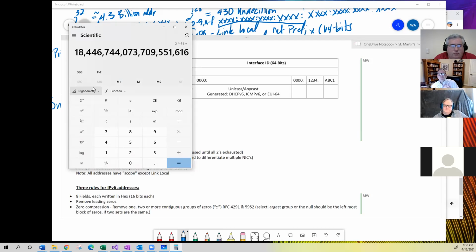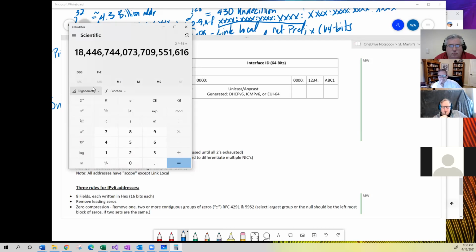In IP version 4, I changed the subnet mask, and that changes the amount of IP addresses that I can use with that number they gave me. And now it's always the same. It's always 2 to the 64 IP addresses per subnet, never changes.